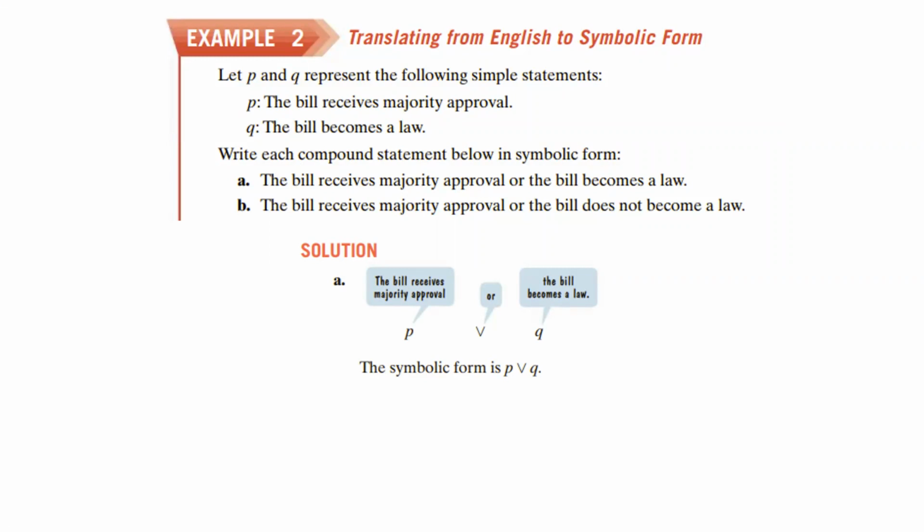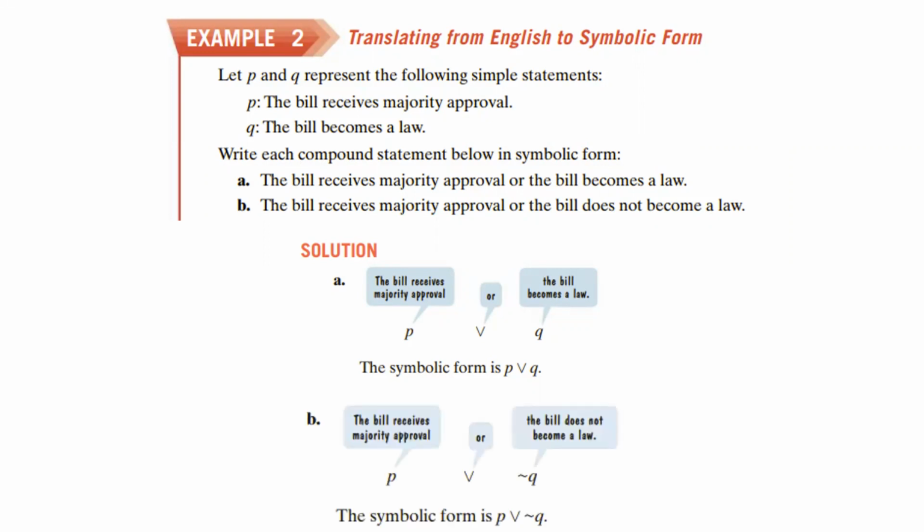So to write the first statement, if P is the bill receives majority approval and Q is the bill becomes law, then statement A is P V Q. And the second statement, very similar to the and example, is the bill receives majority approval or the bill does not become law. That is P V tilde Q, or squiggly Q.